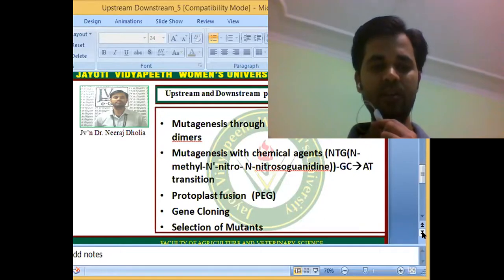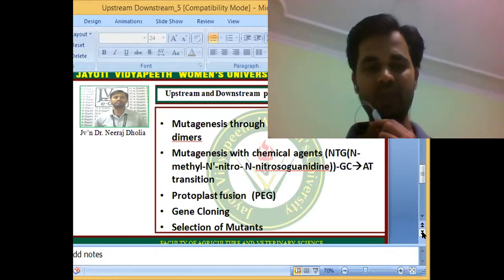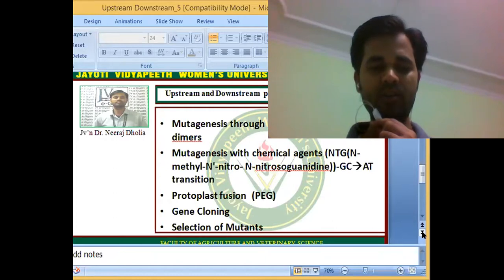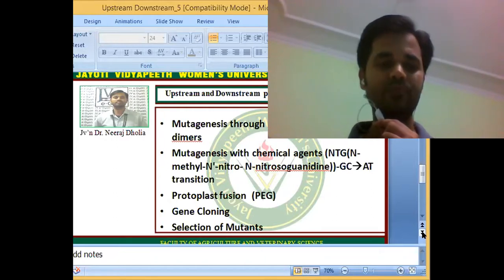For example, the chemical PEG, polyethylene glycol, is used for protoplast fusion. The presence of PEG will enhance the rate of fusion of the protoplasts.